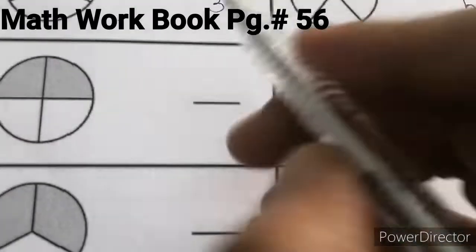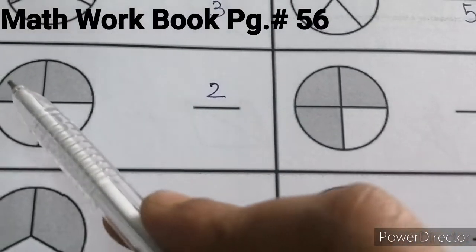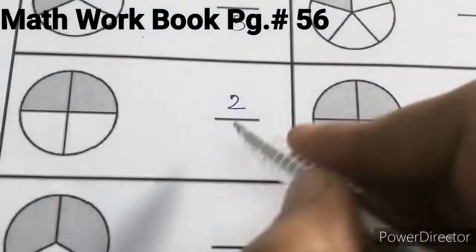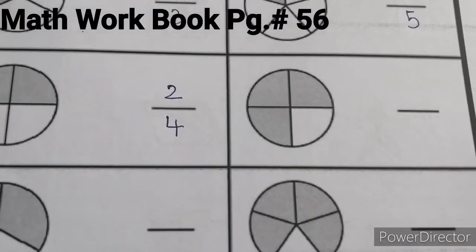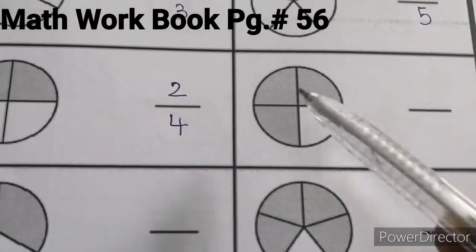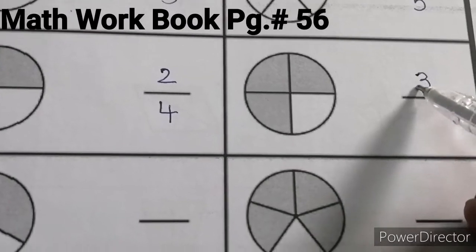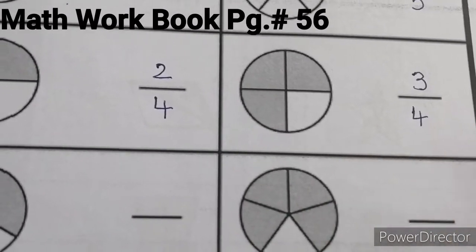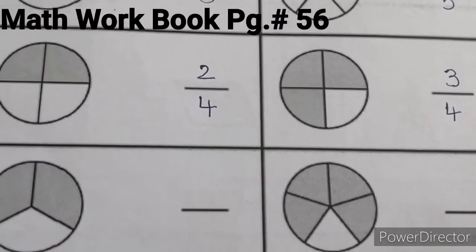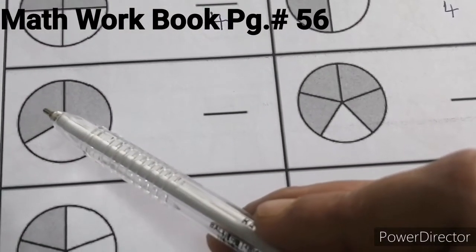2 portions are shaded. So 2 on the top, the numerator. And how many do we have in total? 1, 2, 3, 4. So 2/4. Here 3 of them are shaded or colored. So 3/4 again. Very good. 3/4. One circle they have.